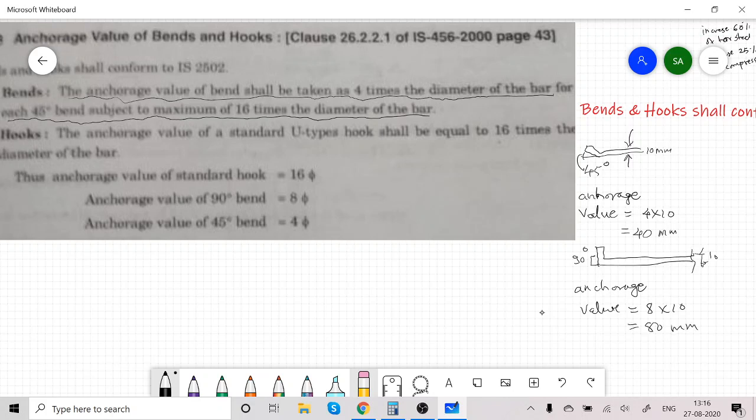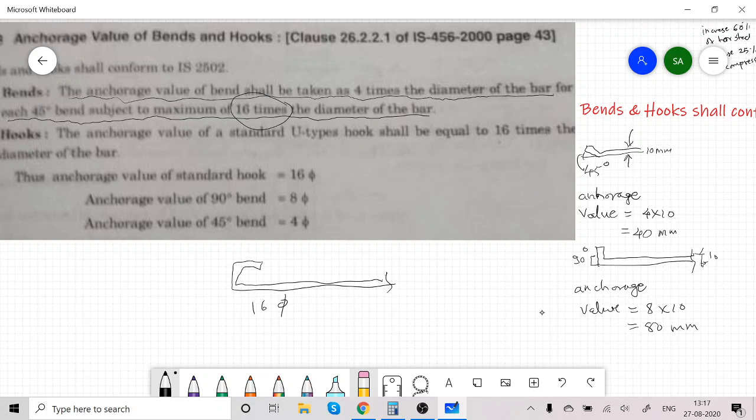See, 4 times for each 45-degree. Here the total is 90-degree, so 45 and 45, so 4 and 4, so 8 times the diameter of the bar. This is limited to a maximum of 16 times the diameter of the bar. So at the most you can bend like this up to 180-degree, in this case 45, 45, 45, 45, 4 times 4 means 16 times the diameter of the bar.